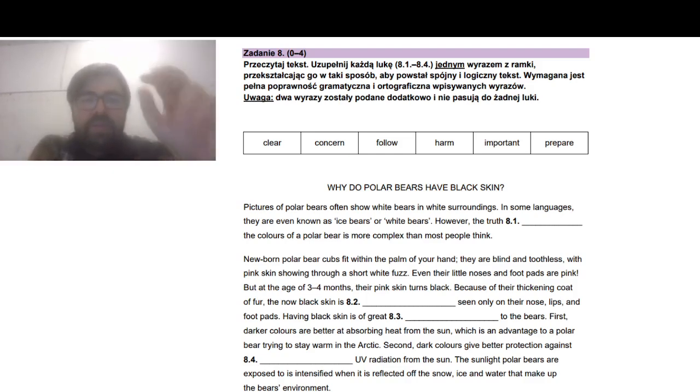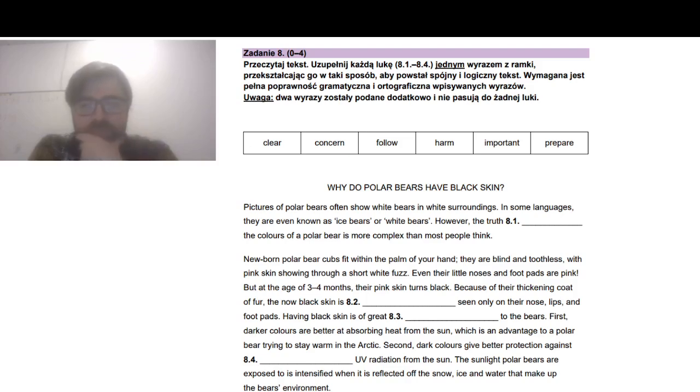For example, first one, clear, in this case is an adjective, przymiotnik. Concern, this is a noun. Follow, this is a verb. Harm, this is again a verb, or can be a noun as well. Important is an adjective, and prepare is a verb.